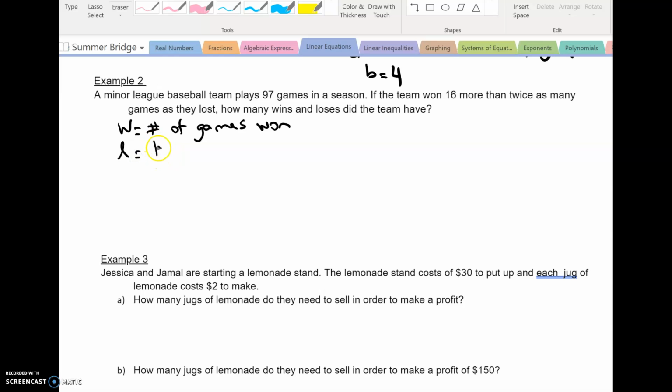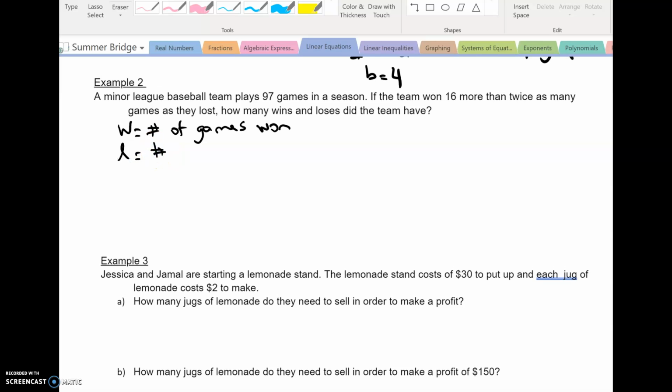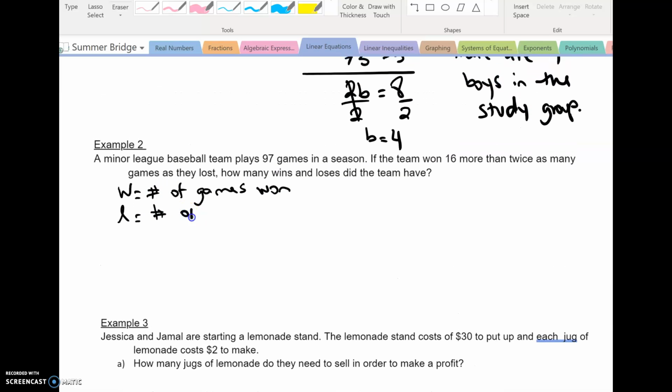L is going to equal the number of games lost. So I know that I have 97, and that has to equal the number of games won plus the number of games lost.